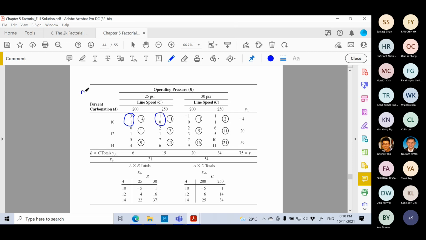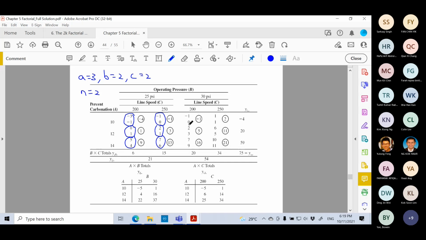So n will be equal to 2. A will be equal to 3 because it consists of 3 levels. B will be 2, and C also 2. So, 3 levels, 2 levels, 2 levels, and the number of replicates is 2 times. So this will be the value here, and this is the value here, and similar for this one.